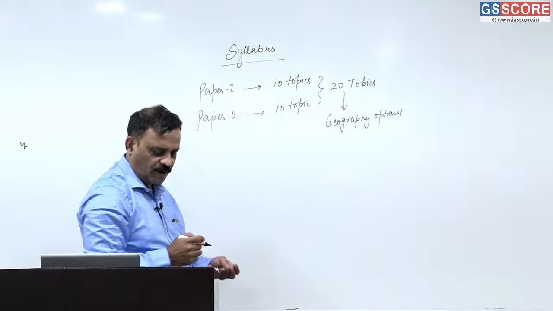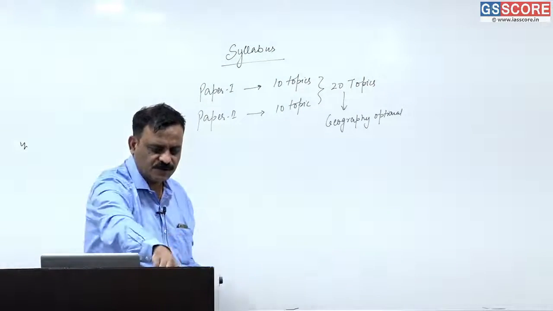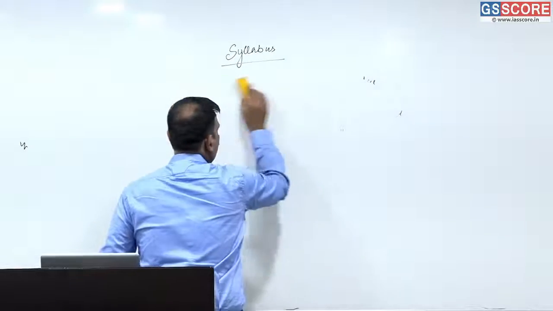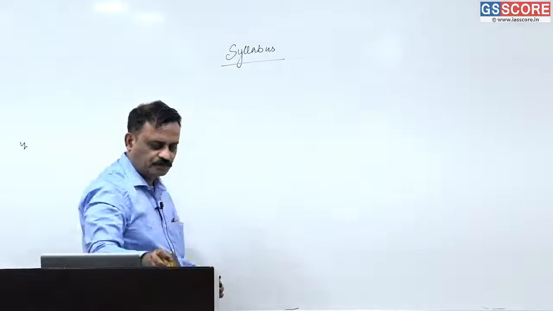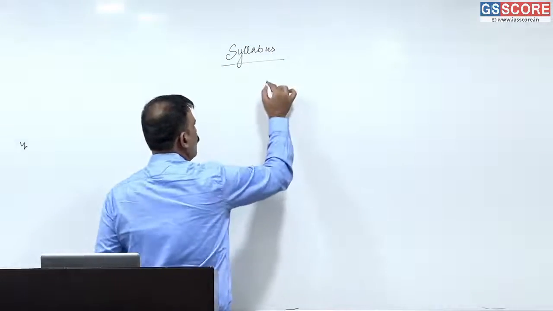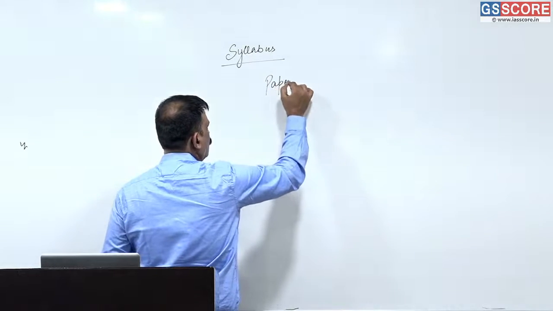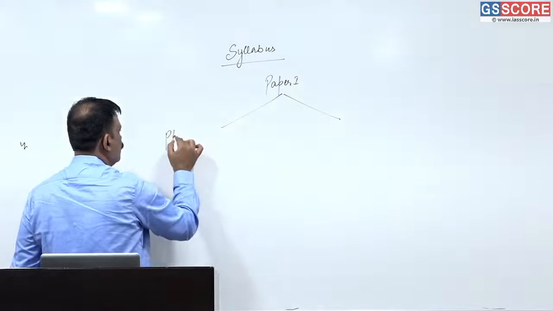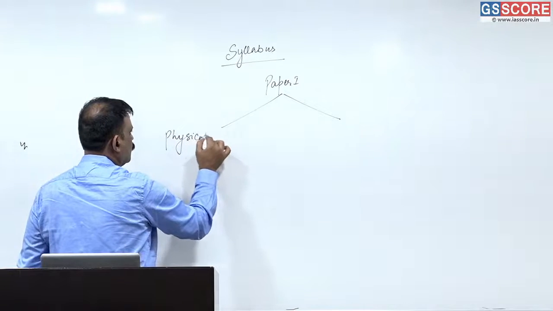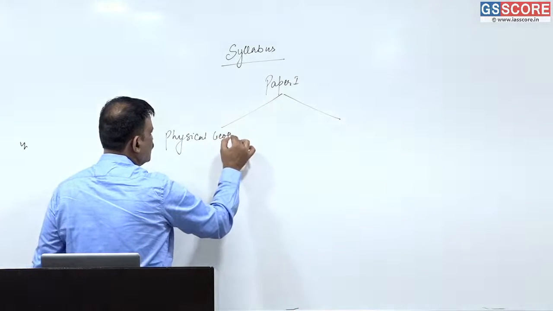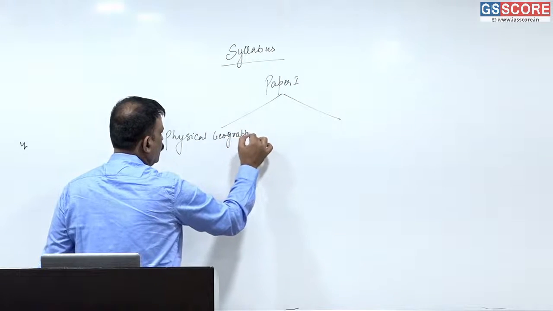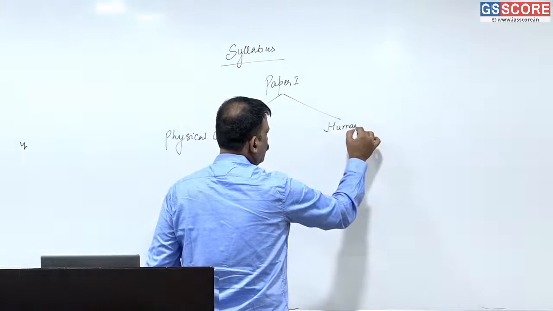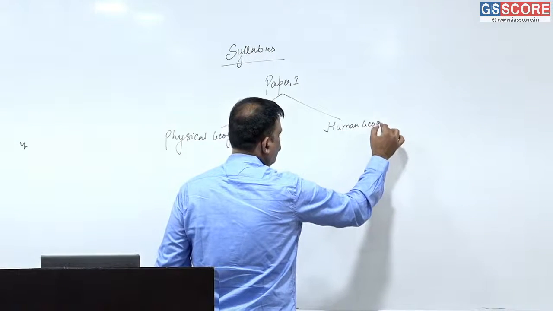Now paper 1 can be divided into 2 parts. First, you can take it as physical geography, and the second as human geography.